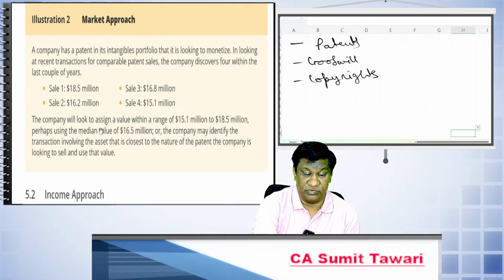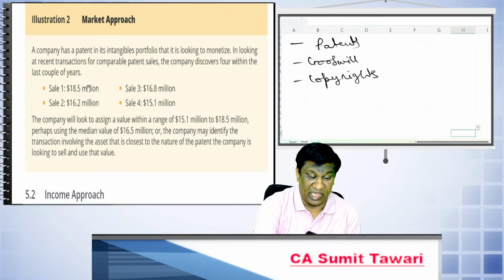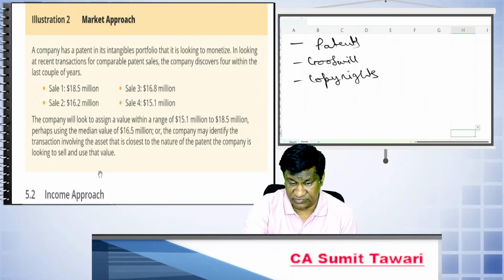The company will assign the value within a range of 15 million to 18.5 million. So this is basically the highest value to the lowest one. Perhaps using the median value of 16.5 million, or the company may identify the transaction involving the asset that is closest to the nature of the patent it is looking to sell and use that value.